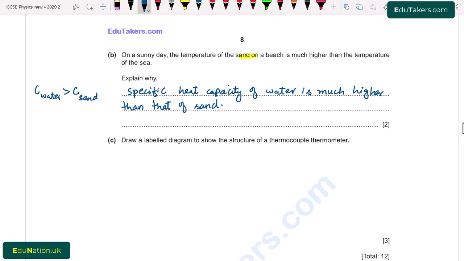Some rate of energy is being supplied to sand and sea.